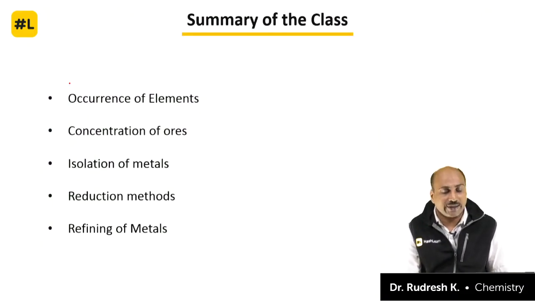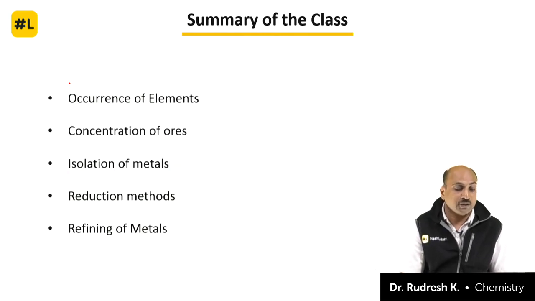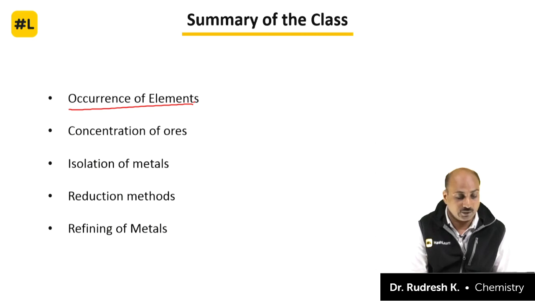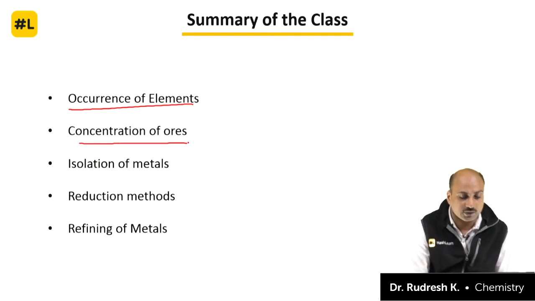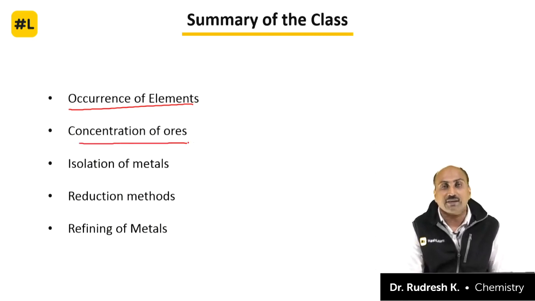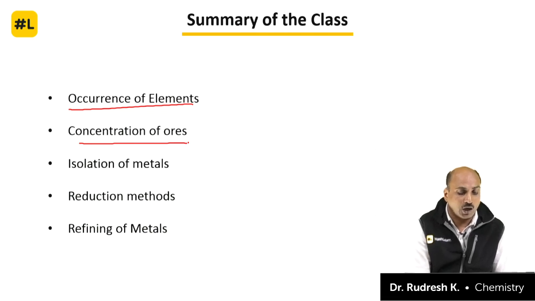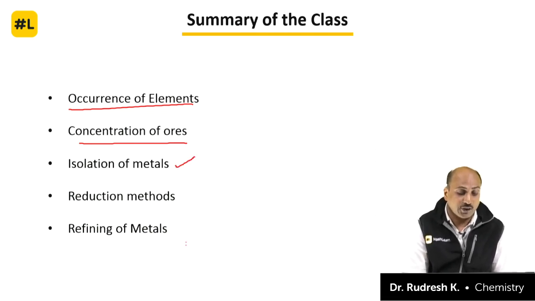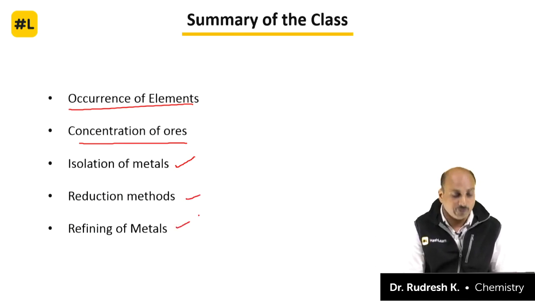I will be doing the next part in the next classes. The summary of what we discussed is the occurrence of elements, then the concentration of ore. In the next classes I will talk about how the isolation of metal is done, that is, by reduction as well as refining of metals.